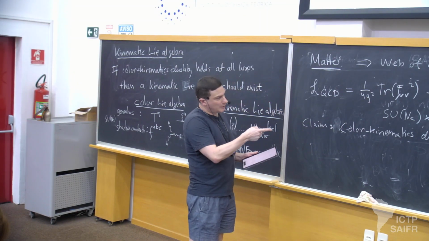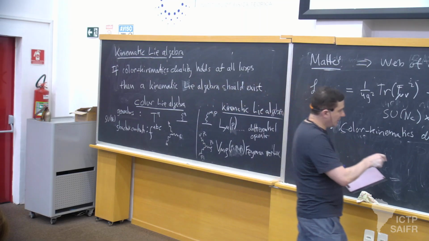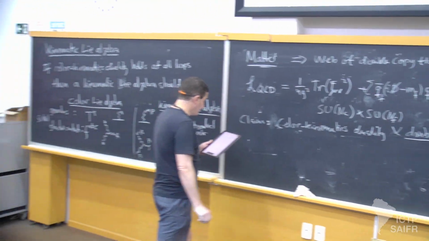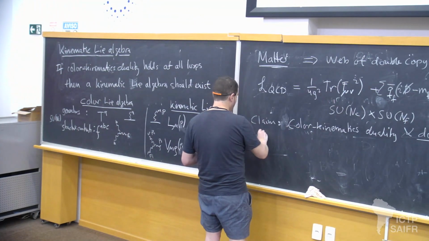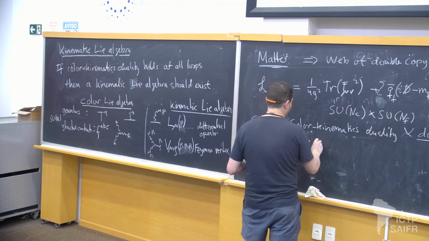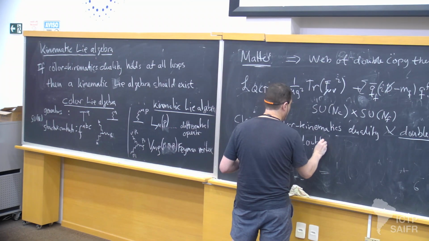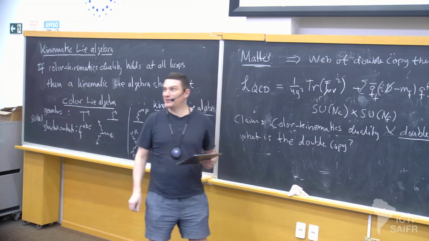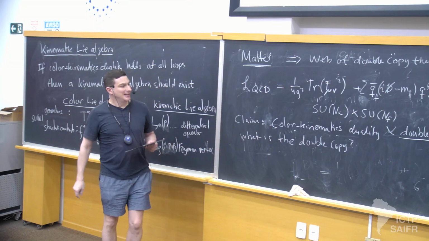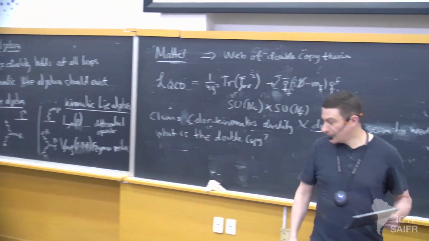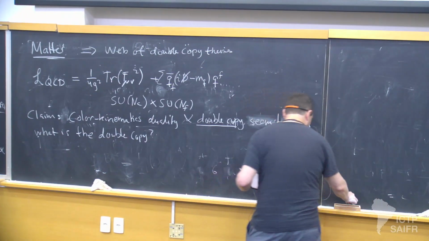But okay, the interesting question is not whether it works, but what is the double copy? Seems very relevant, right? Because this conference is called QCD meets gravity. So which gravity does it meet?